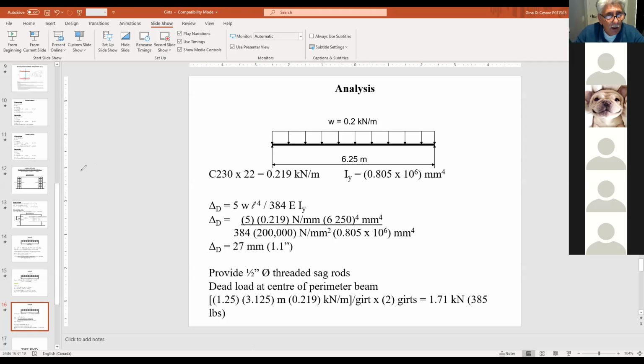Okay, so basically this is the girt, right? Here's a sag rod.